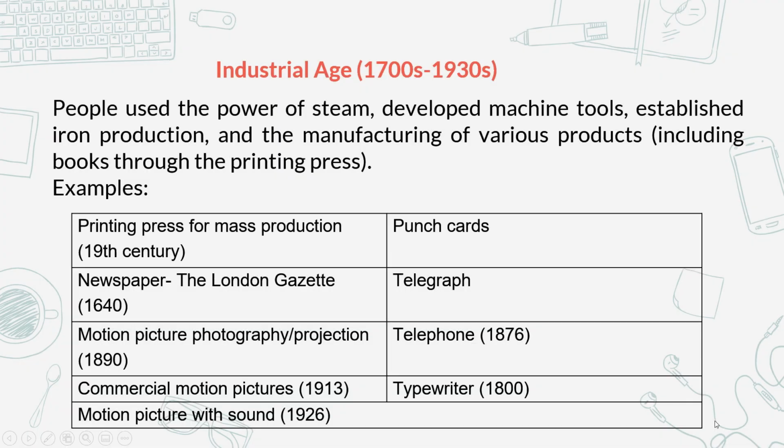And the next is we have industrial age, that is 1700 to 1930. People use the power of steam, develop machine, establish iron production, and the manufacturing of various products, including books through the printing press.